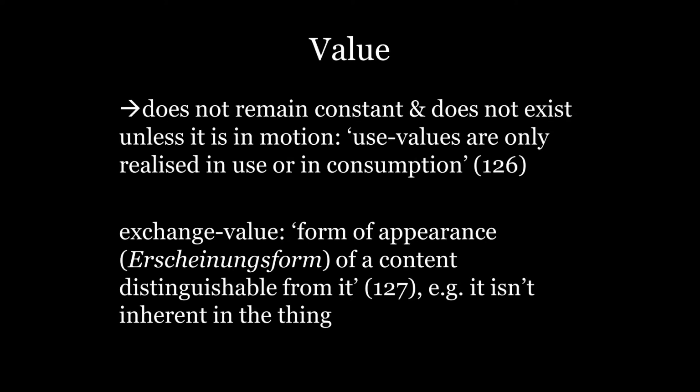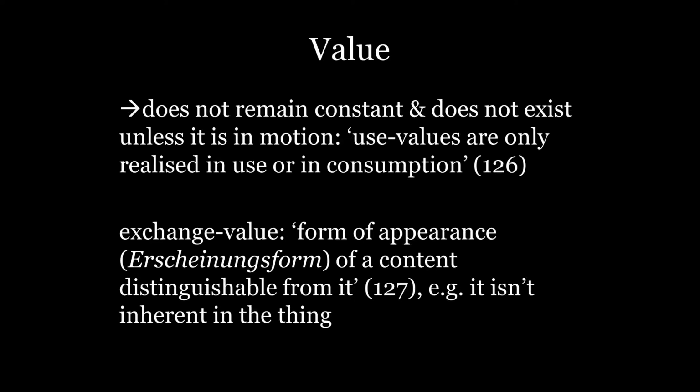So use value, obviously, is realized when you're consuming something, but again, it's not inherent in a thing; it is only realized when it's in motion. The exchange value, as Marx writes, is a form of appearance, an Erscheinungsform, of a content that is indistinguishable from it, i.e., it's not trapped in the thing itself.